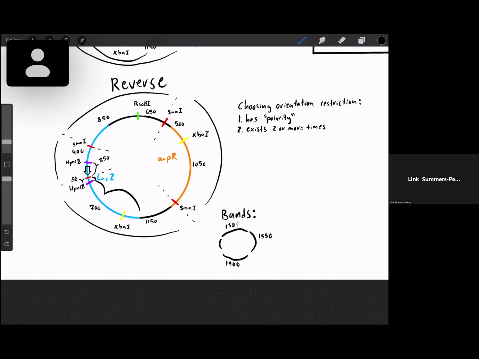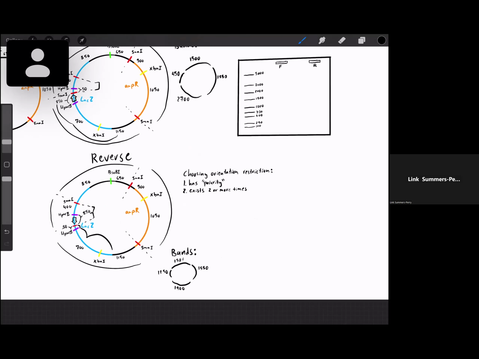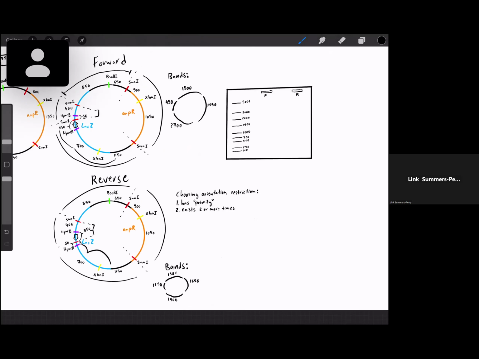That's this distance right here, 850 plus 400, which gives us 1,250.